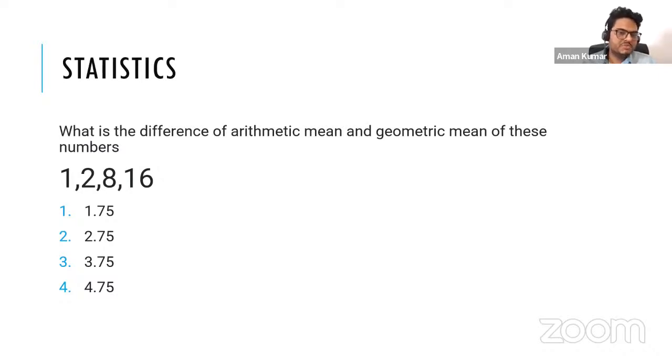Imtiaz is saying option 2, that is 2.75. Yes, correct, the geometric mean is basically the root of the product. Somebody who can do mathematical calculations fast will be able to tell what the root of the product is here.